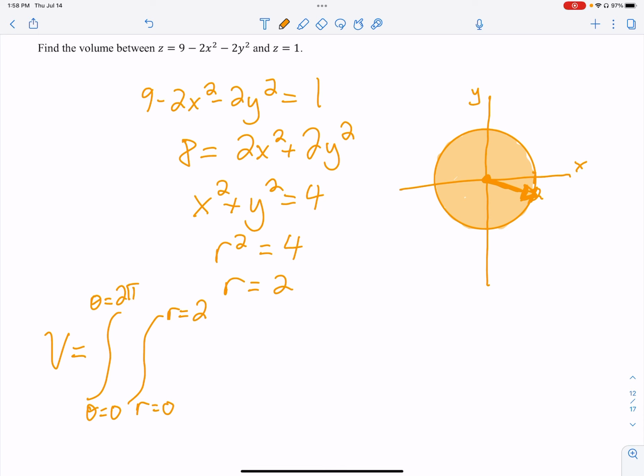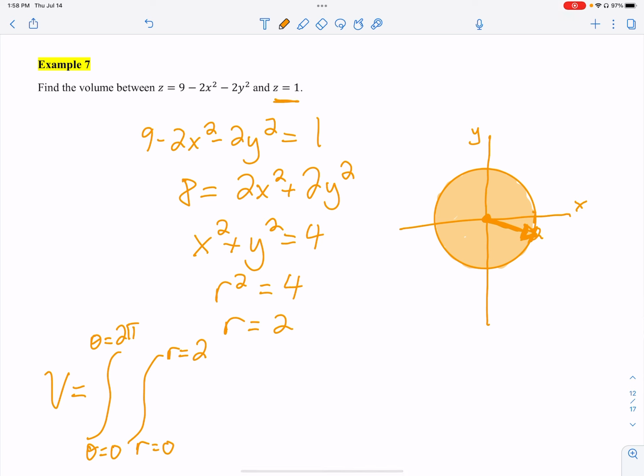Now my surface is going to be the top minus the bottom. If you're wondering how to figure out which one's top and which one's bottom, you could plug in a number. I know z is always going to be 1 for one of them. I know 0, 0 is in there, so if I plug 0, 0 into this function, I get 9. So this is the top.